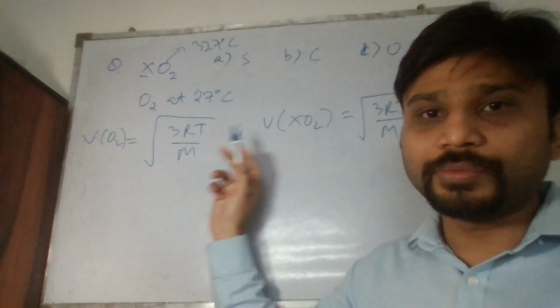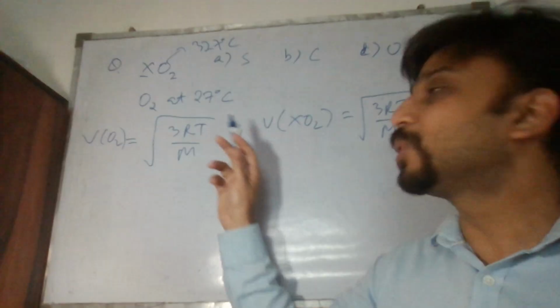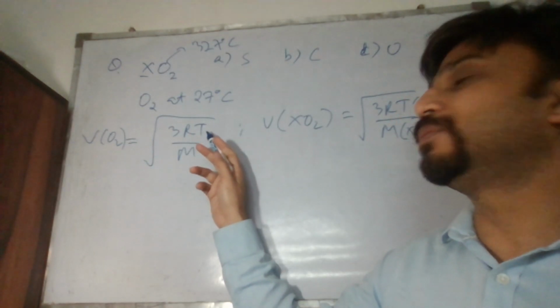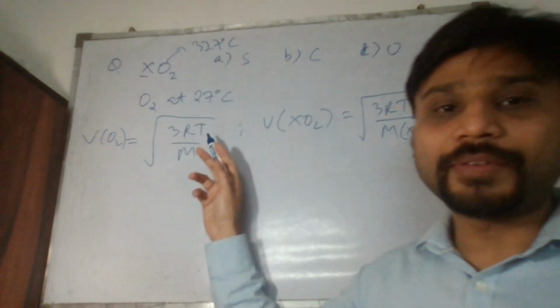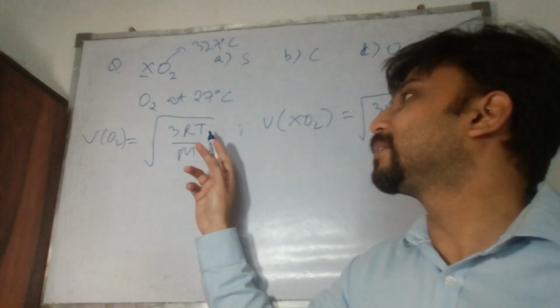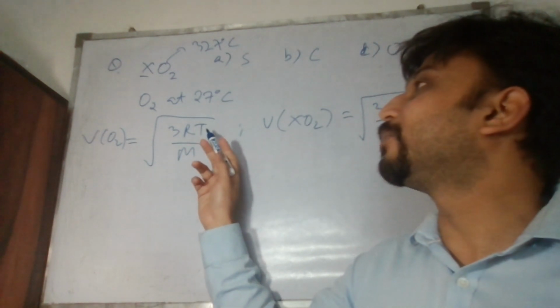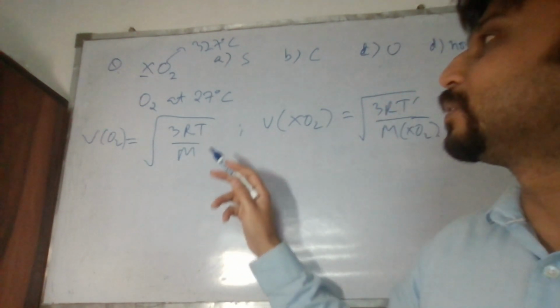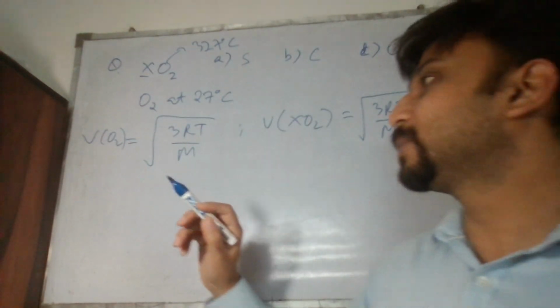So the question which I have here is, what is the value of T which we will substitute here? So we won't put the value of temperature T here as degree Celsius. Instead, we'll be using the value in kelvins. So we'll have to convert this degree Celsius value into kelvins.